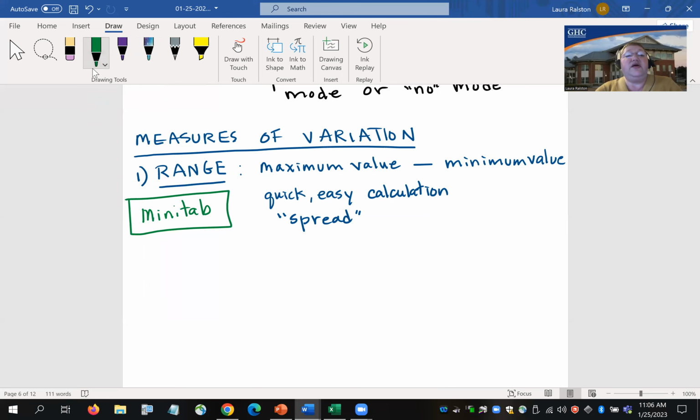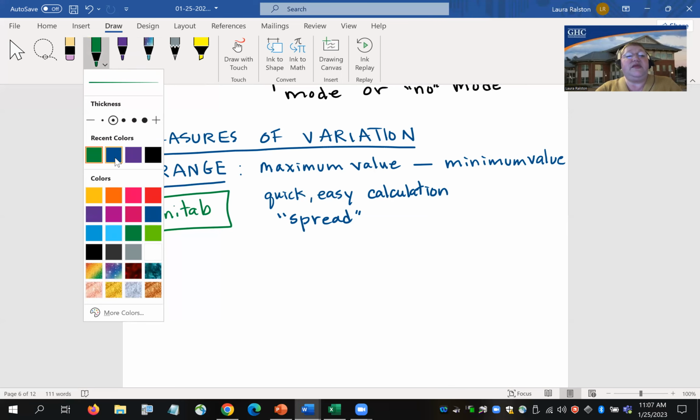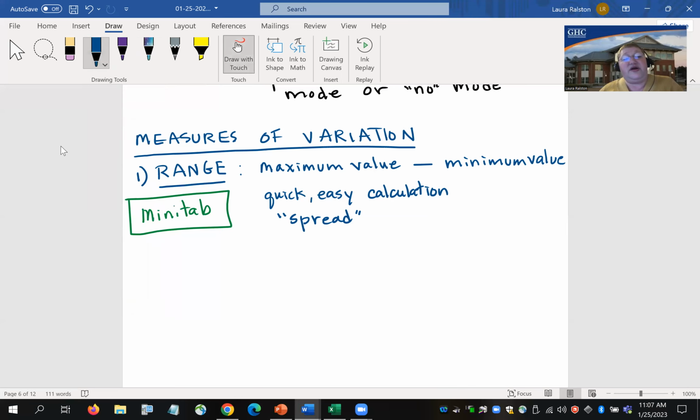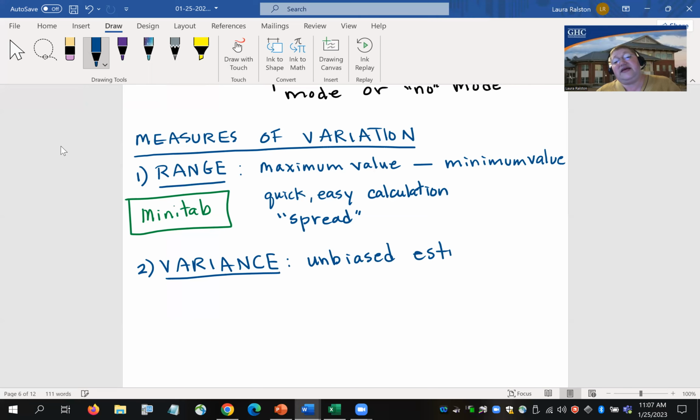For the range. The second measure of variation is called variance. The variance is what we call an unbiased estimator in the world of statistics.